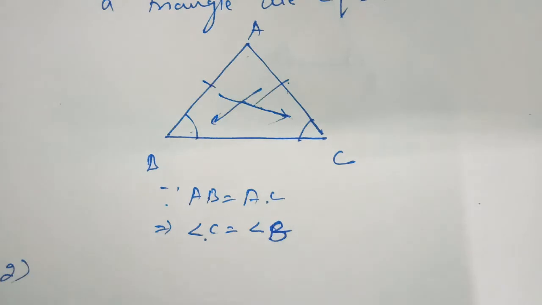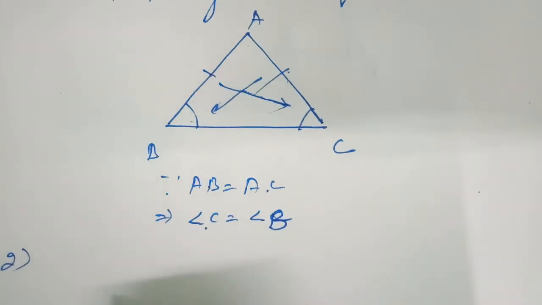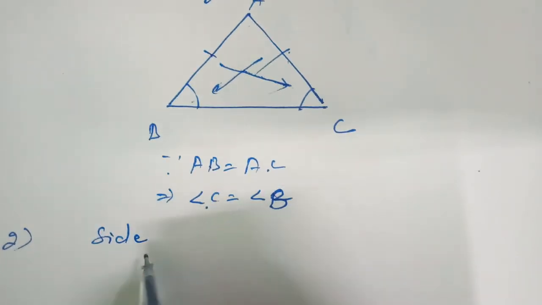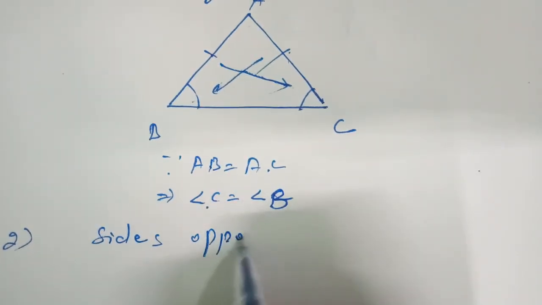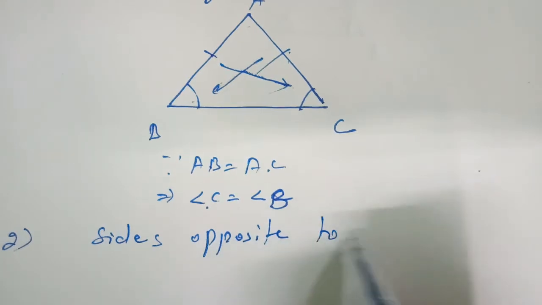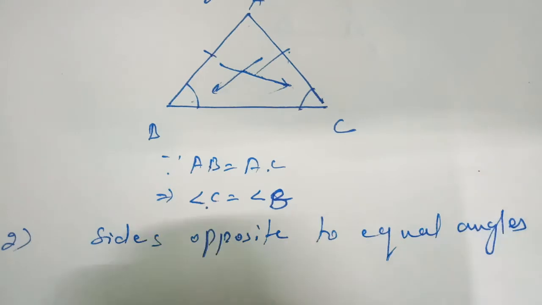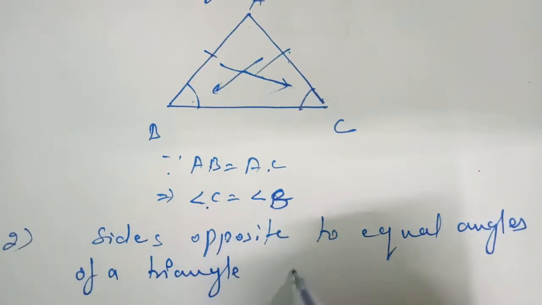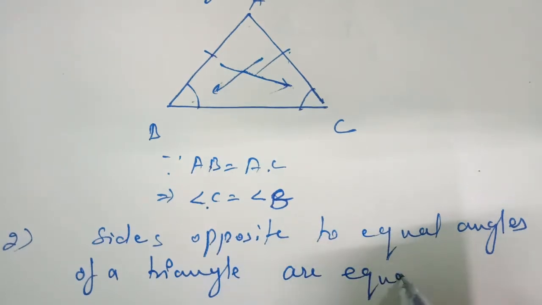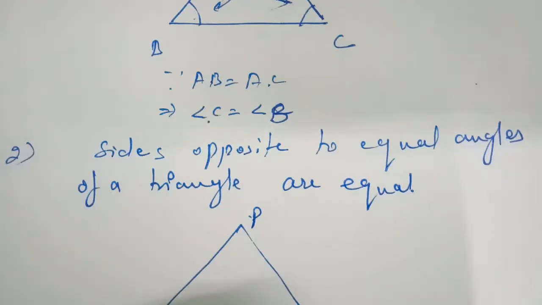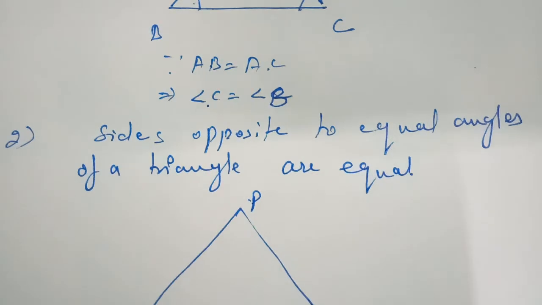Next property is the converse of this. It says that sides opposite to equal angles of a triangle are equal. It means if in any triangle, let us name it as PQR, any two angles are equal.